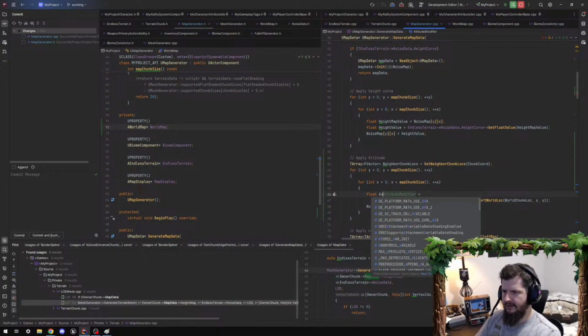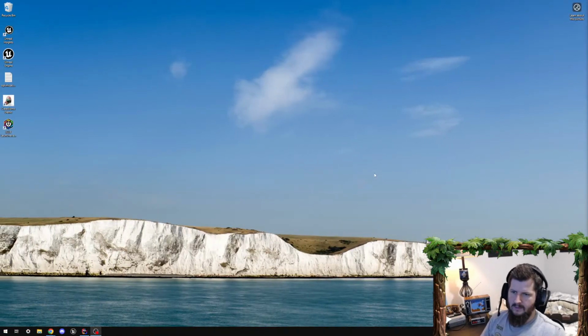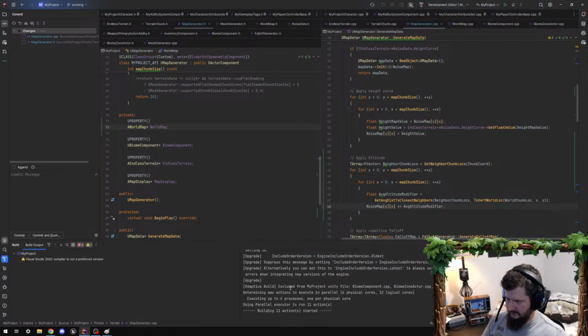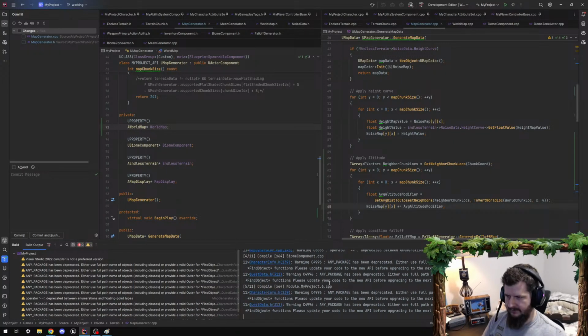I'll say average altitude modifier. I have no idea what this is going to do. You have my word that if this works on the first try, I will literally shit my pants on stream. I'm rocking a full 10% confidence that this will work in any capacity.